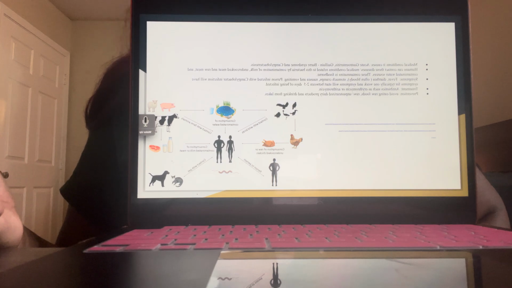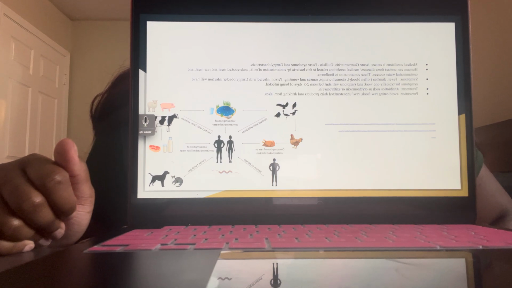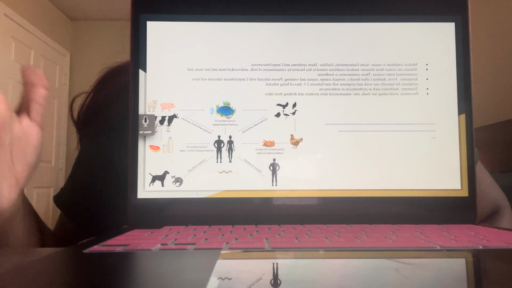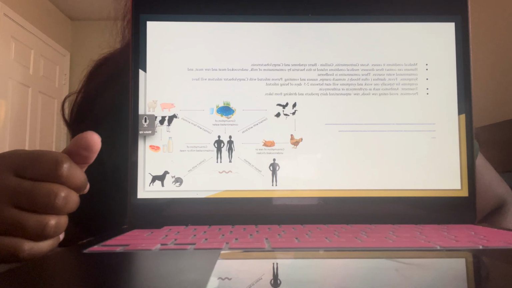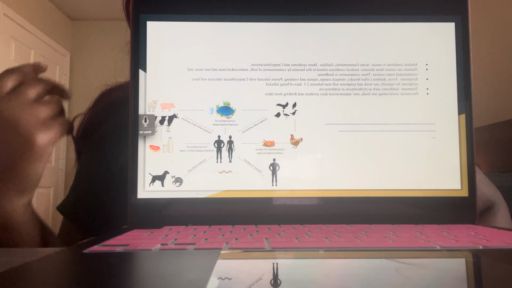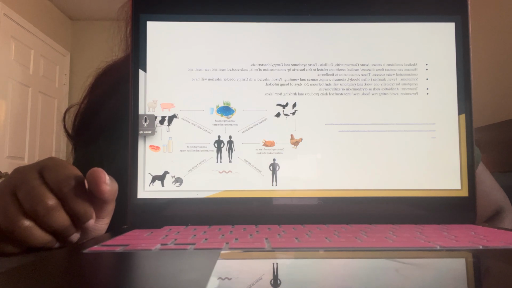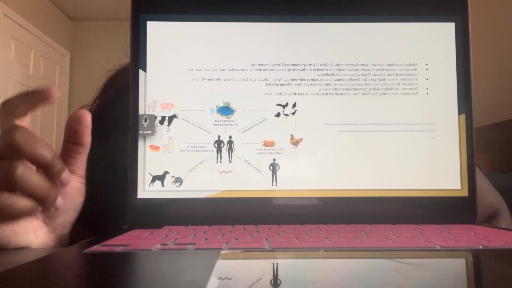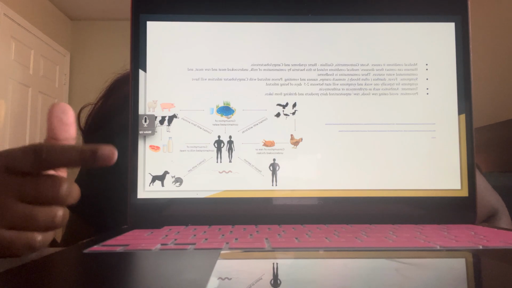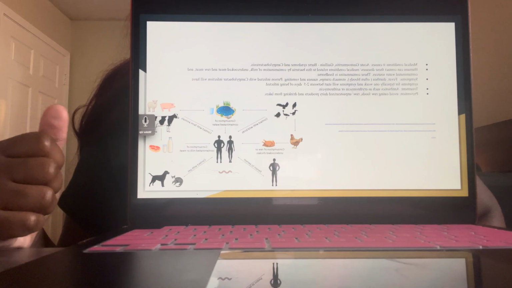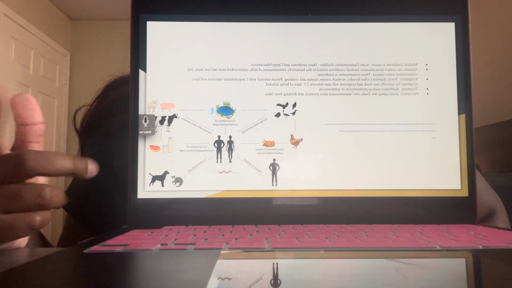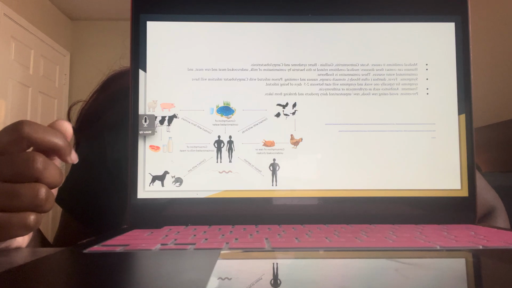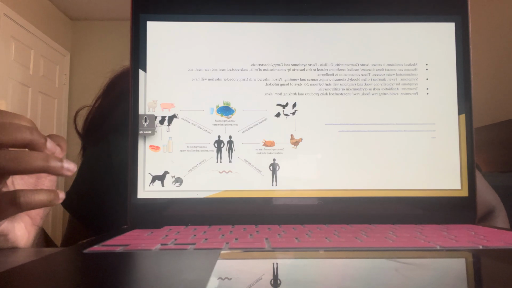Humans can get this disease in different ways. They can get it from undercooked meat and raw meat, contamination of milk, and contaminated water sources. So this contamination is typically going to be foodborne. Because Campylobacteriosis is the most common condition associated with this bacteria, these are the symptoms of this condition: fever, diarrhea that is typically bloody, stomach cramps, nausea, and vomiting.